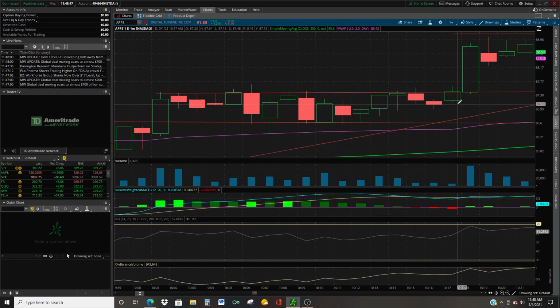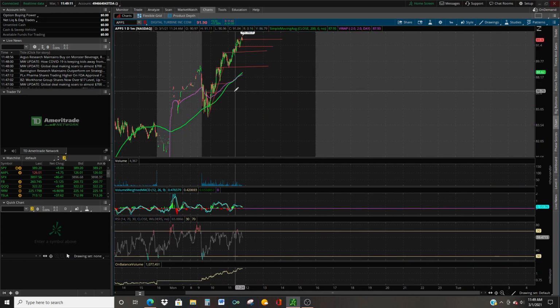Right here, I got in right here, and I set my stop loss right here. That's all I was willing to risk, because I knew if it got down below this area, the trade wasn't working. Or if it would have worked eventually, I'm not putting that much risk on the table.